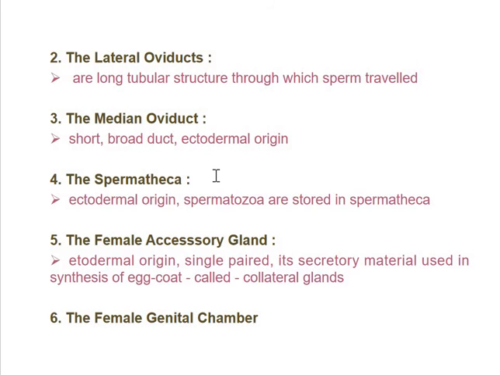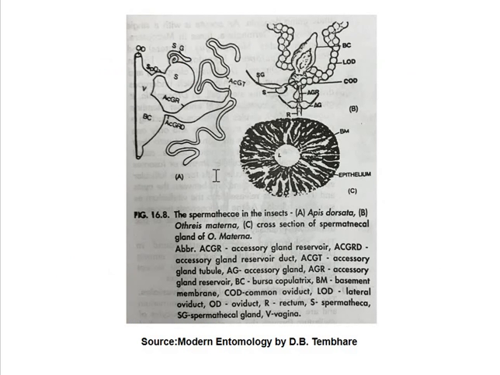You can also see the spermatheca in this diagram. This is the structure of the spermatheca in Apis. Then here you can see it in different groups of insects. The spermatozoa are stored in the spermatheca of the female, and as the eggs are extruded from the oviduct, the sperms are released, and after coming in contact, fertilization is induced.